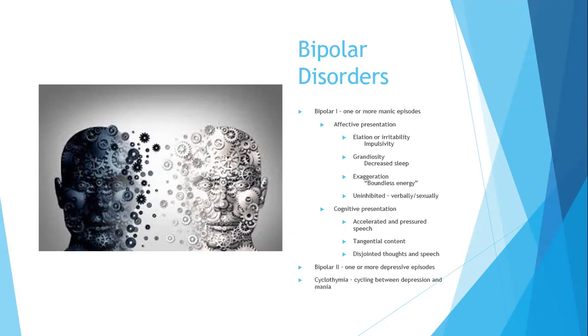The cognitive presentation of mania is accelerated and pressured speech, tangential content, where someone goes from one subject to another, even though I do that, maybe not in a manic way, but one subject to another really quickly, and disjointed thoughts and speech.